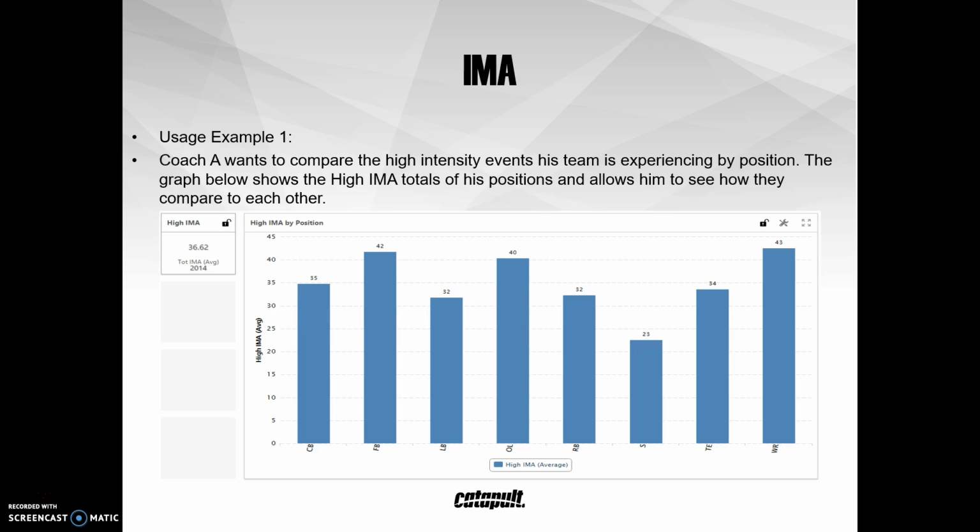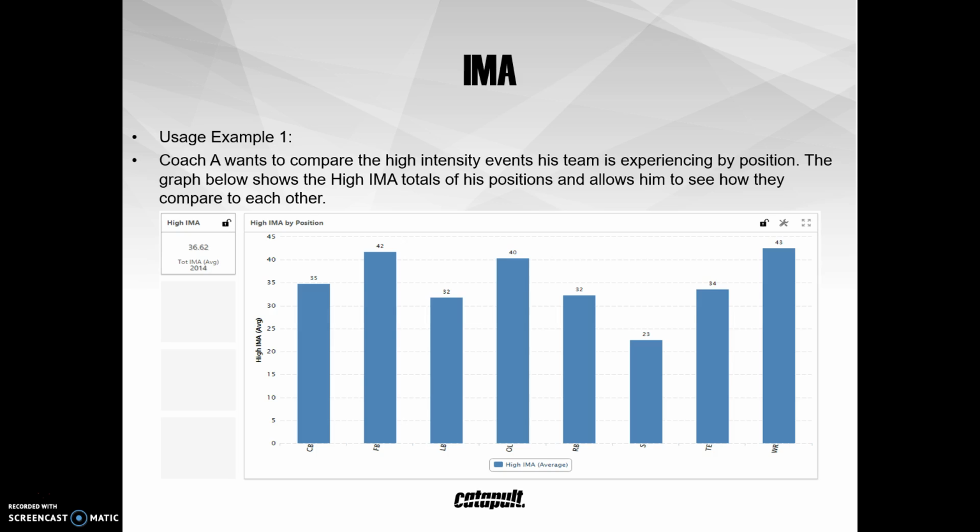IMA gives us a count of the high-intensity explosive movements, which can help when we're trying to characterize the anaerobic intensity of a session. What I have graphed here is the average high IMA experienced by each position on an average session.